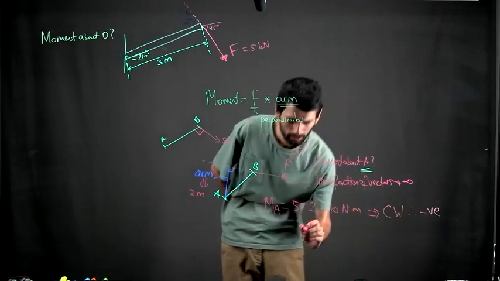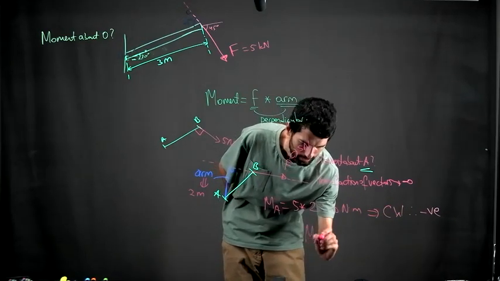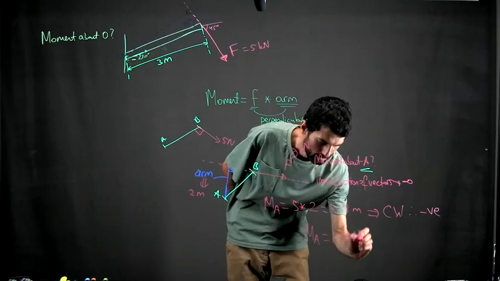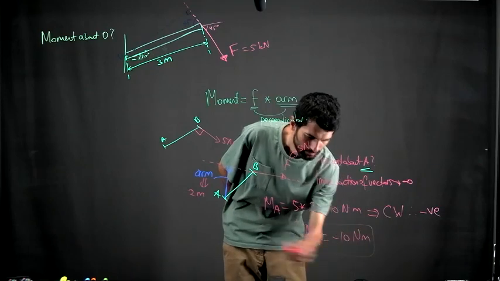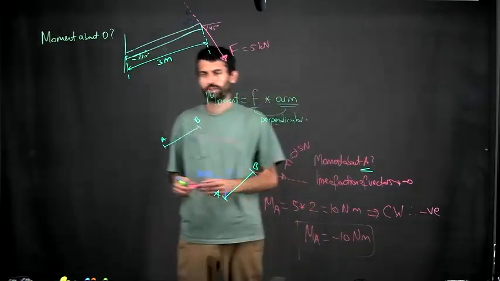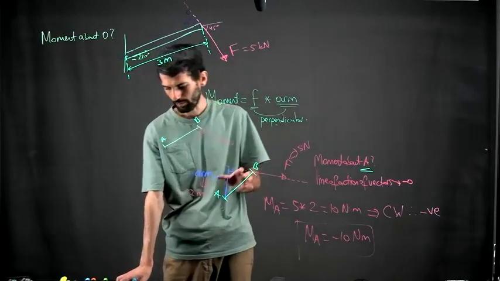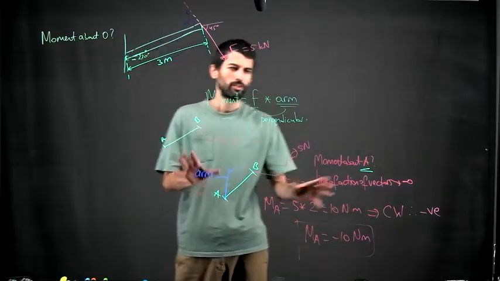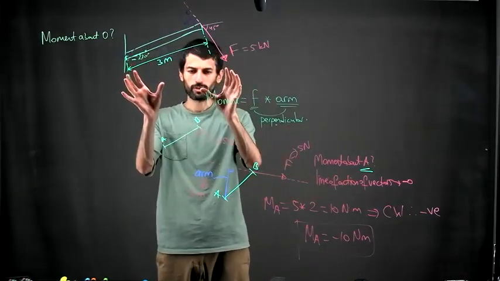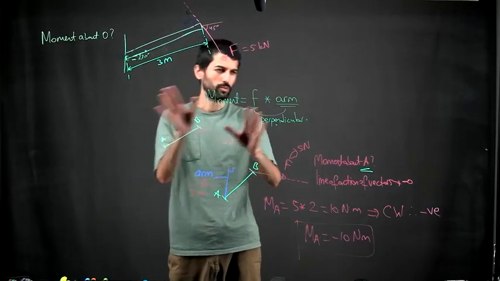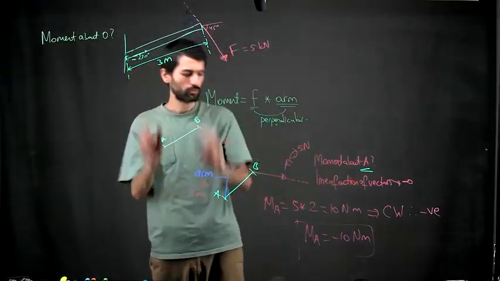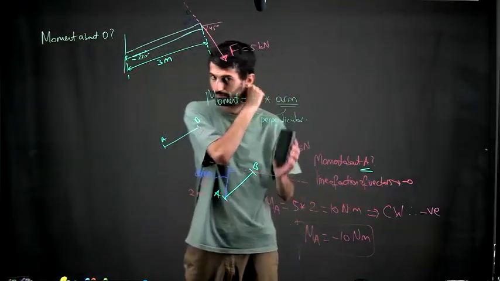Since it is negative, I will say that the moment about A is negative 10 newton meters. Okay, that's all. This is additional information that we will need to apply to our current problem. So I will erase this part and then move to the current problem.